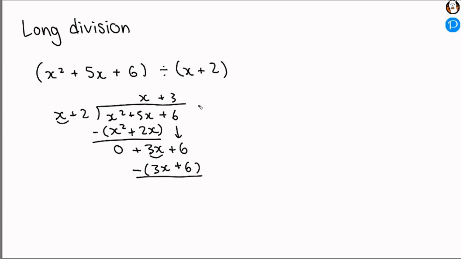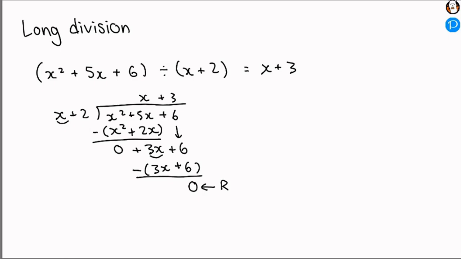Then subtract these two together to get 0. We're going to have a remainder of 0. Our final answer is just going to be x plus 3. And we don't have to write the remainder because it is equal to 0.